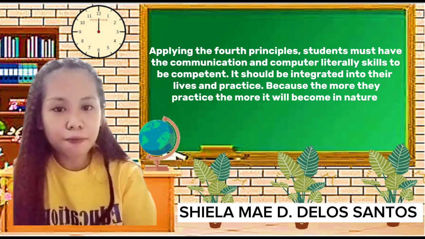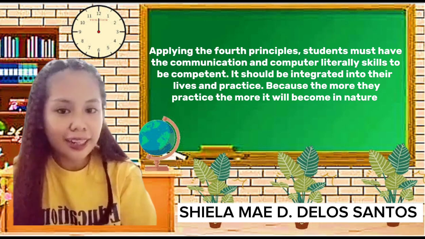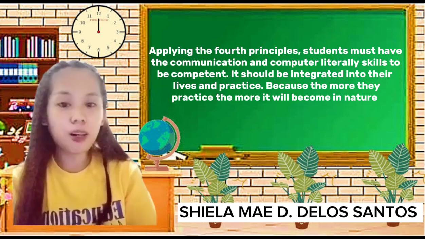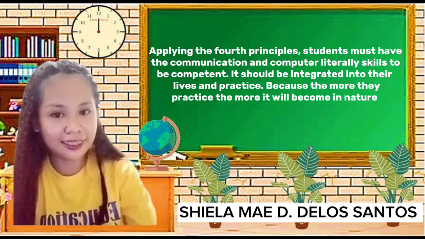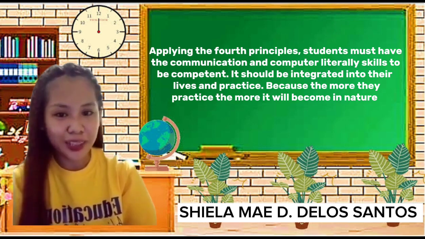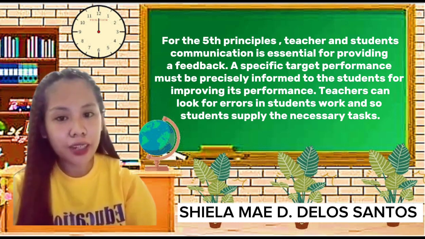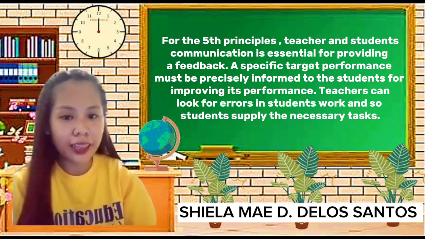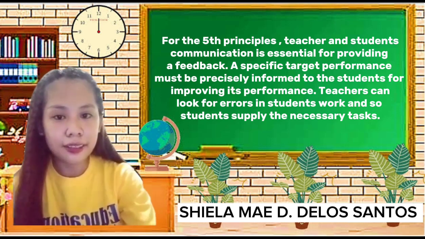Applying the fourth principle, students must have the communication and computer literacy skills to be competent, and it should be integrated into their lives and their practice. The more they practice, the more it will become natural. For the fifth principle, teacher and student communication is essential for providing feedback. A specific target must be precisely communicated to the students for improving their performance.